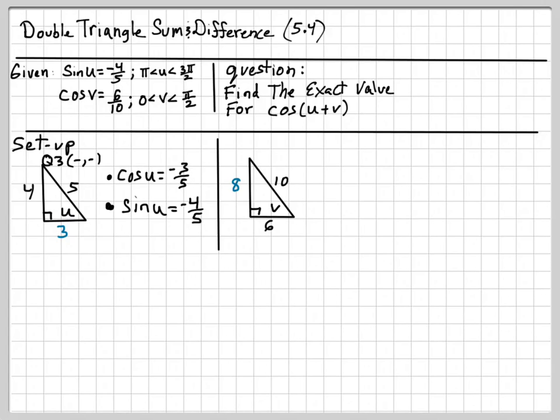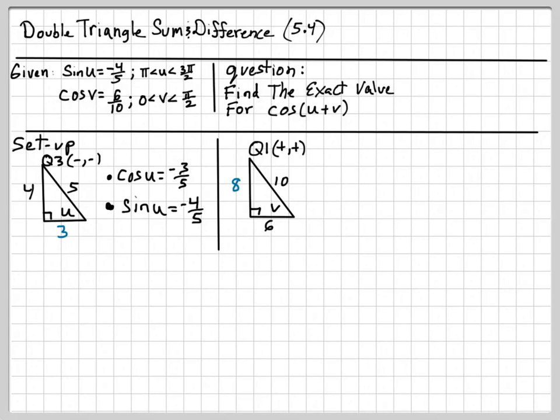And then I repeat the process for the angle v. So I have to do a second triangle, and I use the trig function cosine of v is equal to 6/10 to begin labeling that triangle. And once again, using the Pythagorean theorem, I find the missing side, which is 8, and I put it in the color blue.